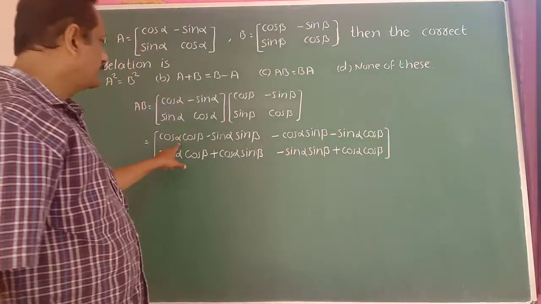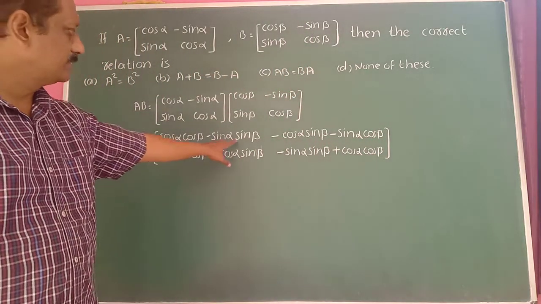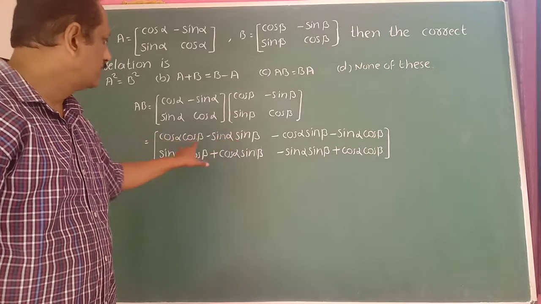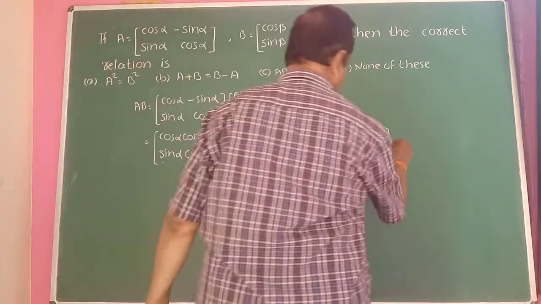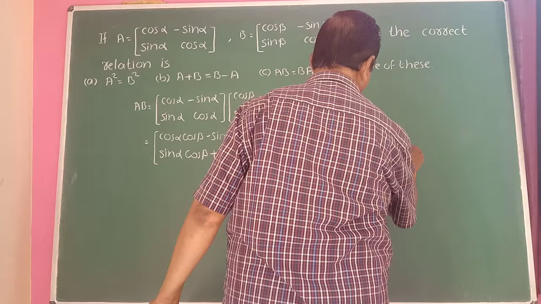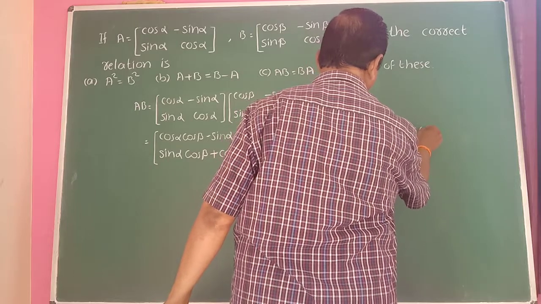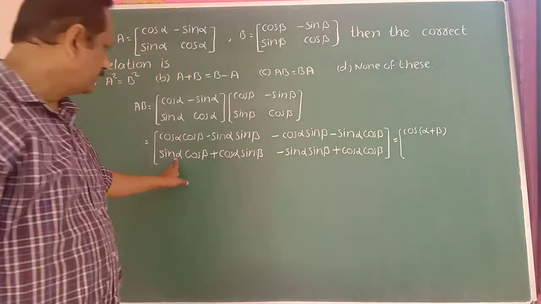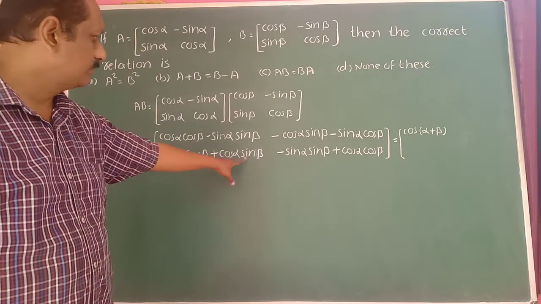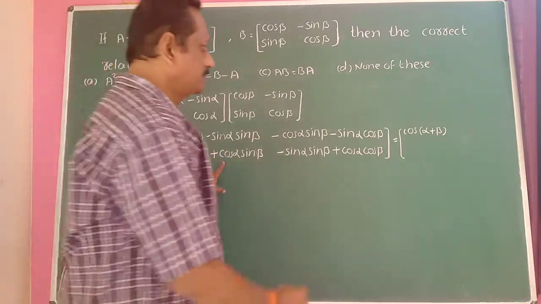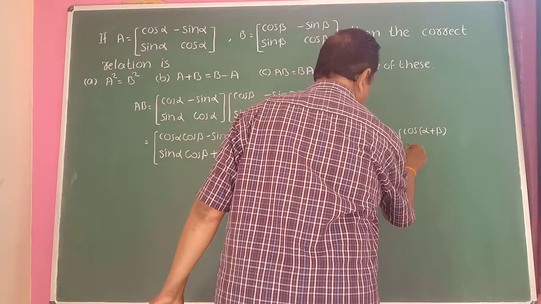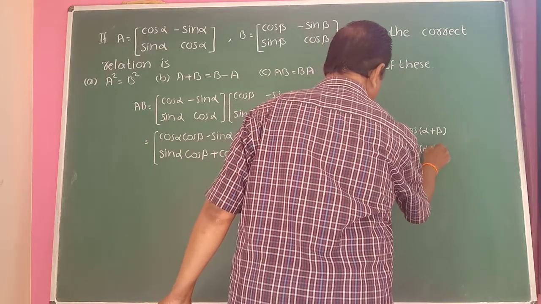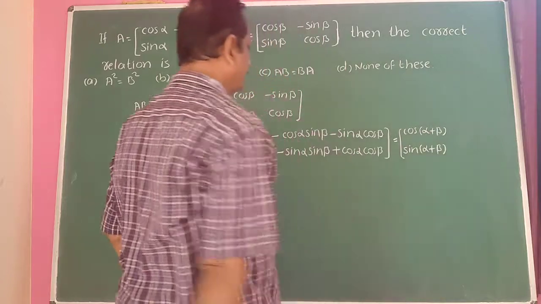Therefore, cos alpha cos beta minus sin alpha sin beta is cos of alpha plus beta. And sin alpha cos beta plus cos alpha sin beta is sin of alpha plus beta.